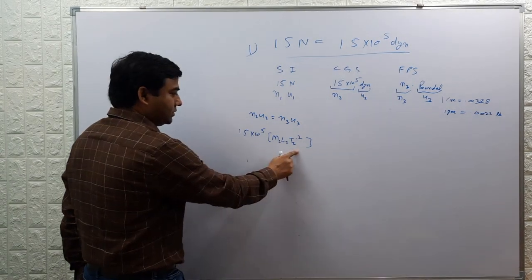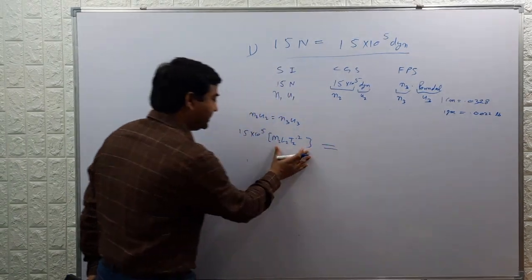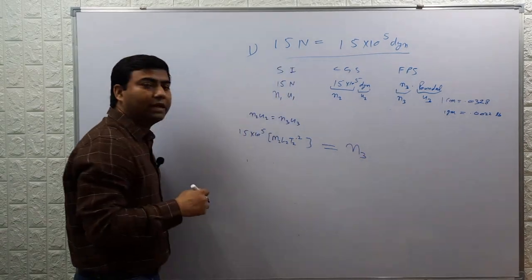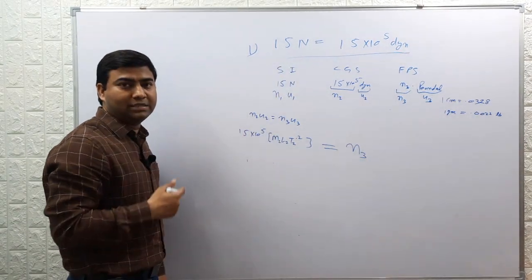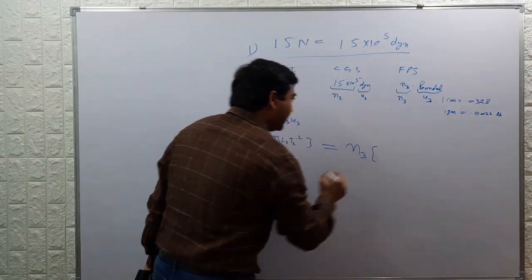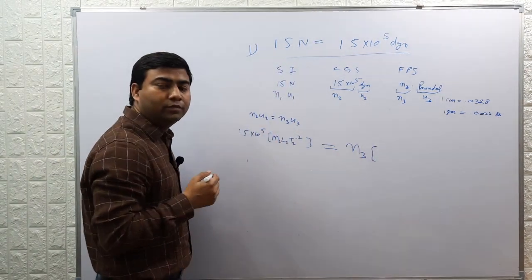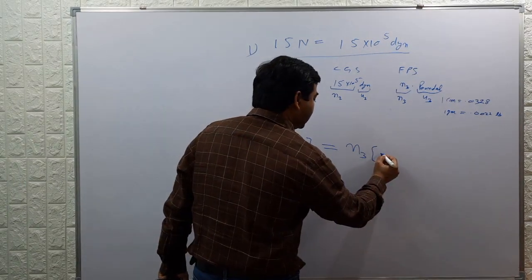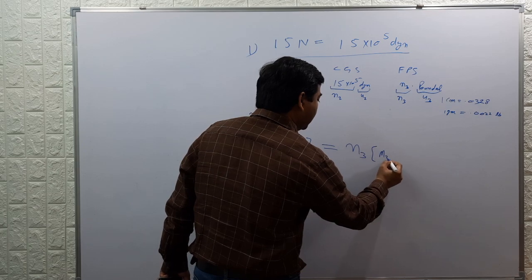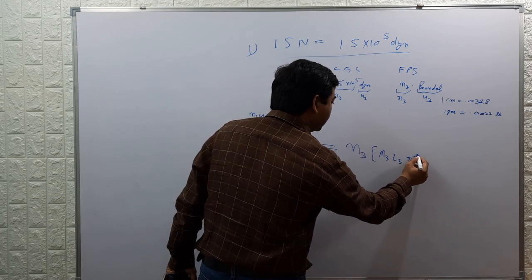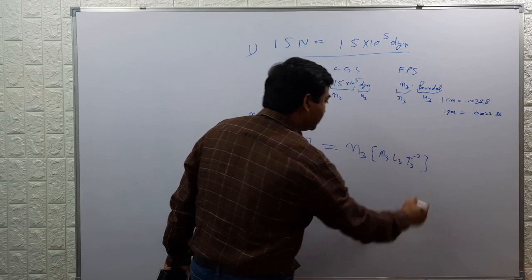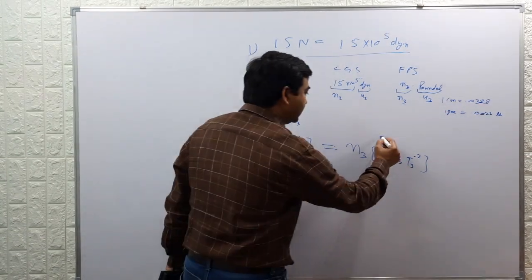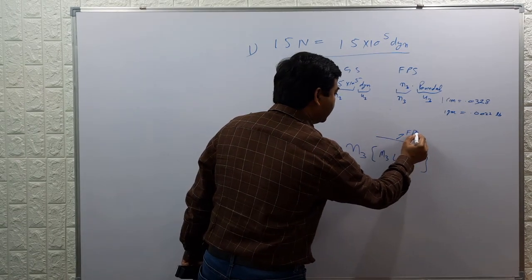So this is the representation of unit in CGS system. Now let N3 be the numerical value in FPS system, and poundal is the unit of force in FPS system. So it can be written as M3 L3 T3 to power minus 2, where these M3 L3 T3 are in FPS system.